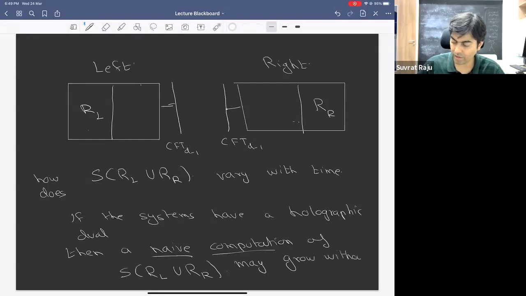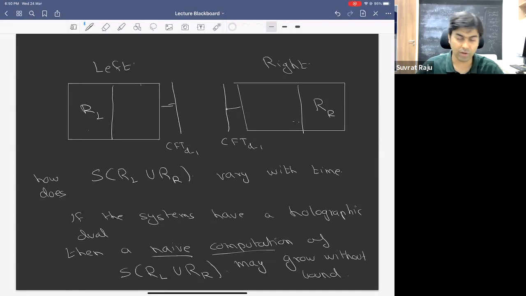And that does not make sense, because we could arrange for this CFT D-1 to have a finite number of degrees of freedom. So it does not make sense that you look at this entanglement entropy between some region, do some computation, and this grows in some way which is unbounded with time.